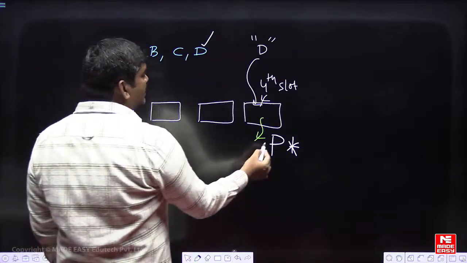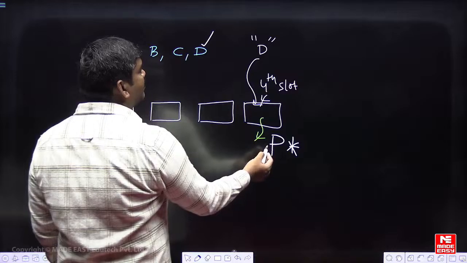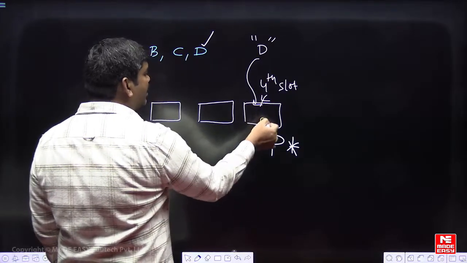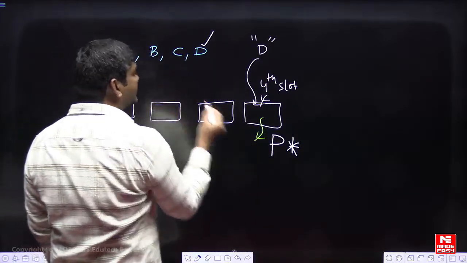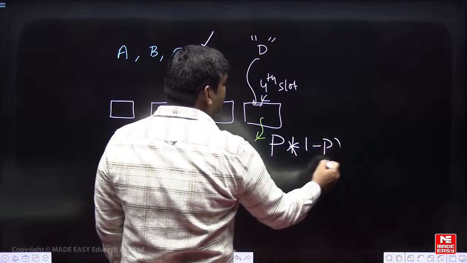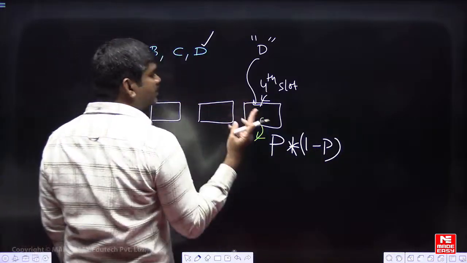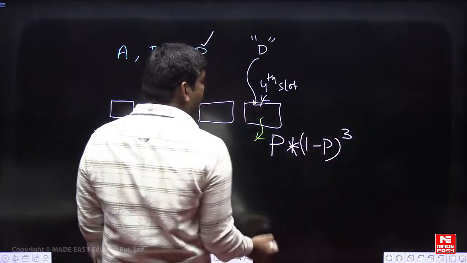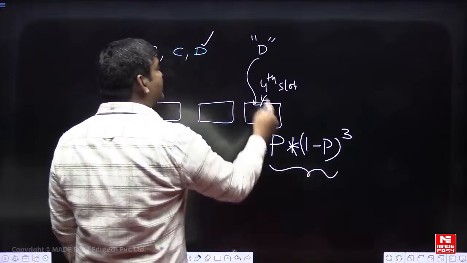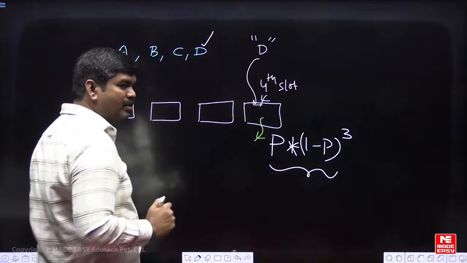So the probability of transmitting the data by station D in the fourth slot is P. Then for A, B, C it should be 1 minus P. How many stations? A, B, C, there are 3 stations. So this is the success for station D in the fourth slot.